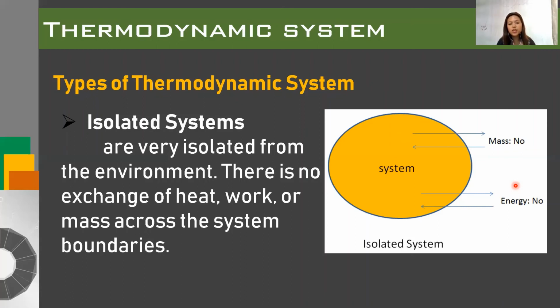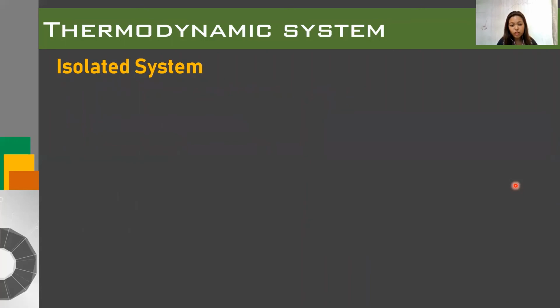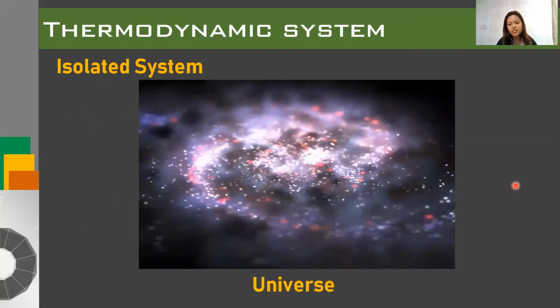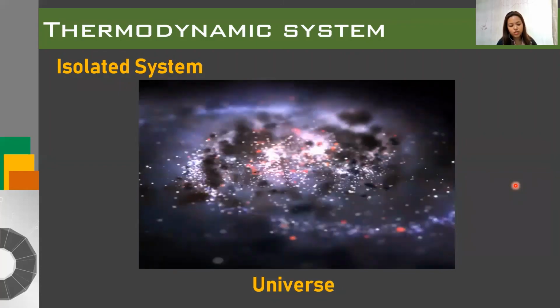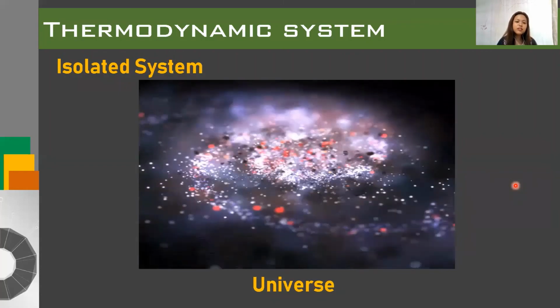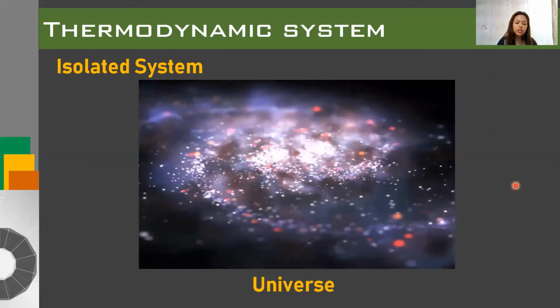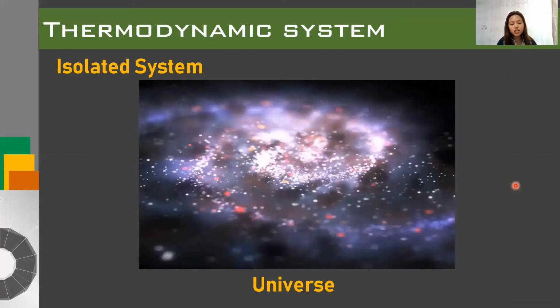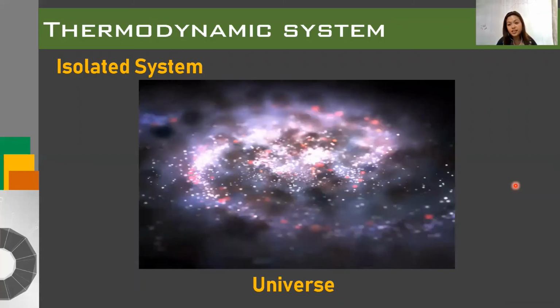The energy and the mass in the system are isolated from the surroundings. The perfect example of an isolated system is the universe, of course. In the real world, the only system that we can actually label as an isolated system is the universe.